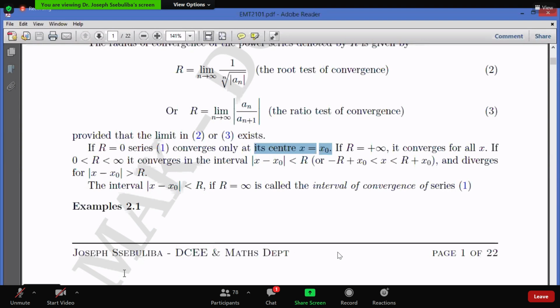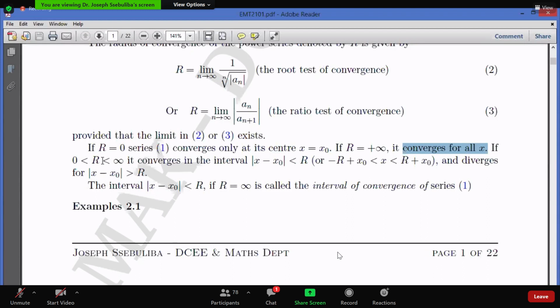And if R is positive infinity, then we'll say it converges for all values of x. Remember that the domain of x is so wide. So if it takes on infinity, then it means you are protected everywhere. It is unbounded. Convergence is unbounded. That is this scenario here.